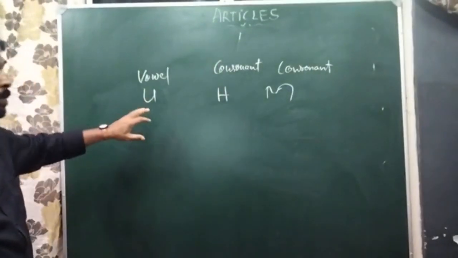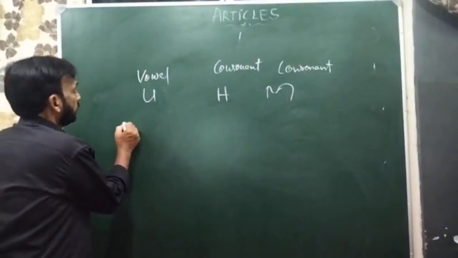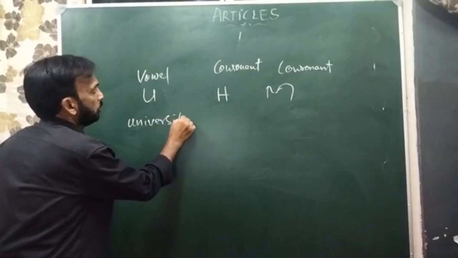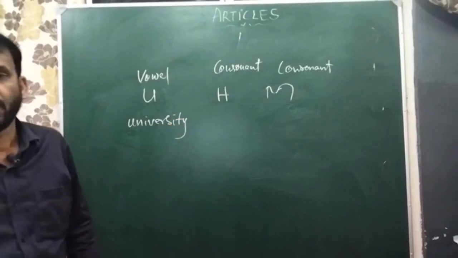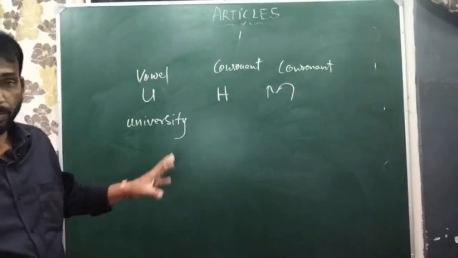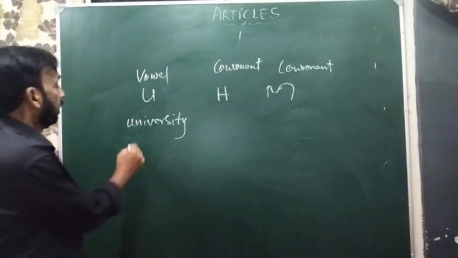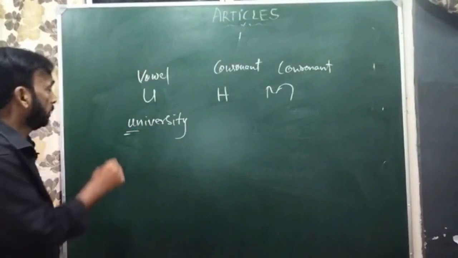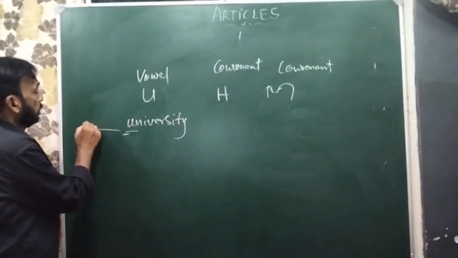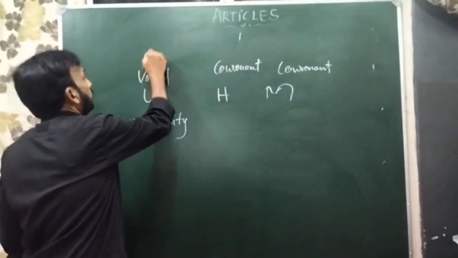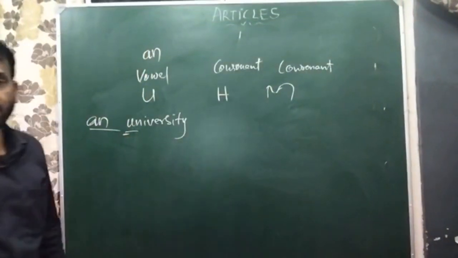For example, university. Which article do we have to use? If you go according to the first letter, we have to place an, because it is a vowel.